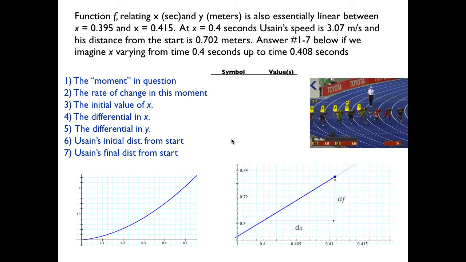So it says Usain's speed is 3.07 meters per second, and his distance from the start is 0.702 meters. So answer numbers 1 through 7, if we imagine x varying from time 0.4 seconds to time 0.408 seconds, which there's a lot of numbers in that.